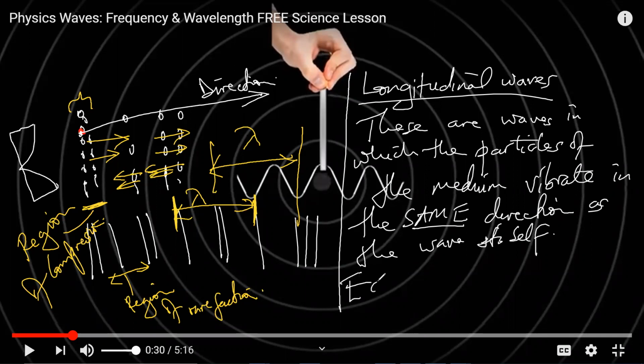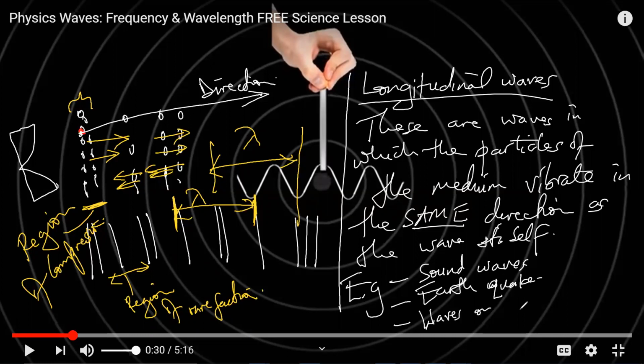And examples of these, we can talk about sound waves. We can talk about the earthquake. We can talk about waves on a vibrating spring. I'm just trying to rush here because of time. Vibrating spring. Those are some of the examples of longitudinal waves.